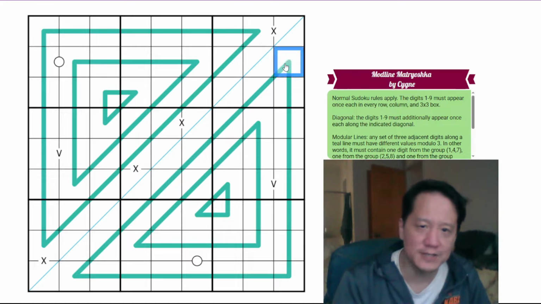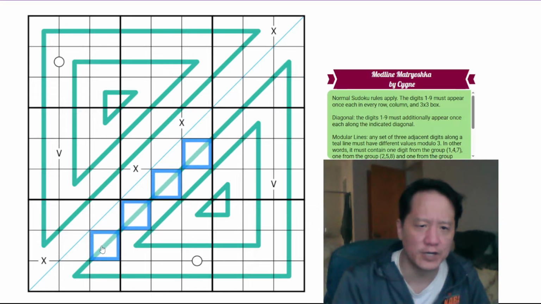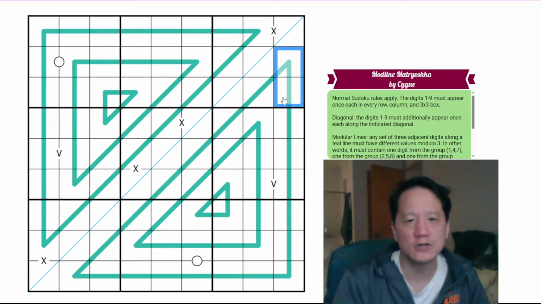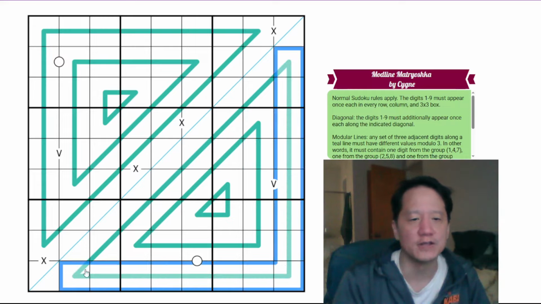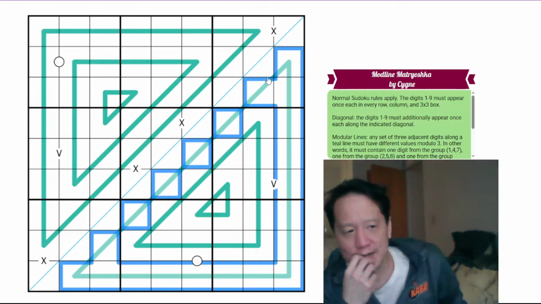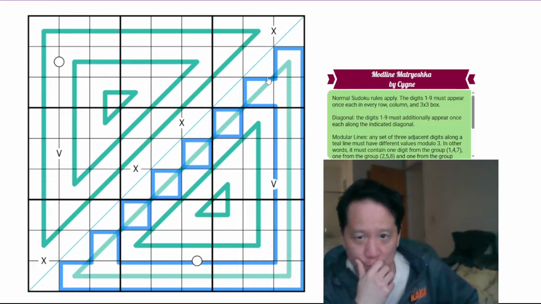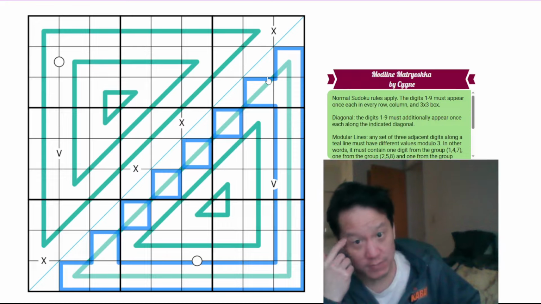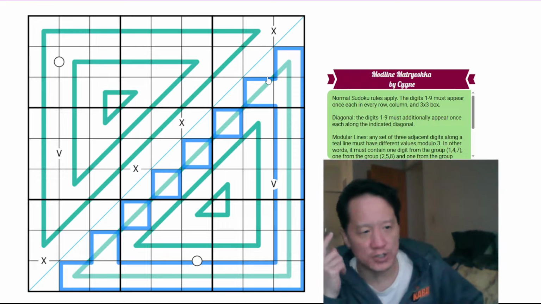Okay, so for these type of puzzles, particularly when we're not given too much information, I like starting, especially with the longer lines, by choosing one cell and making it just a random color.